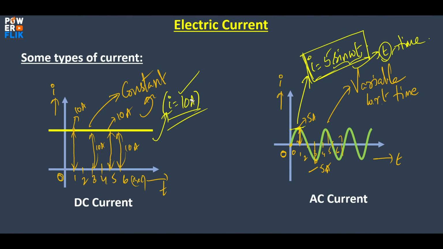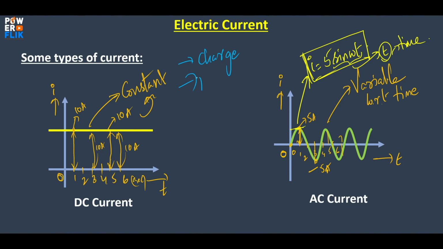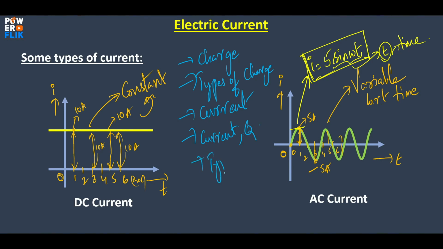Got it? To summarize what we learned, we have one small practice problem after this summary. First we saw what charge is, what the types of charges are, what current is, how current and charge are related, Q and I are related, and what the types of currents are.